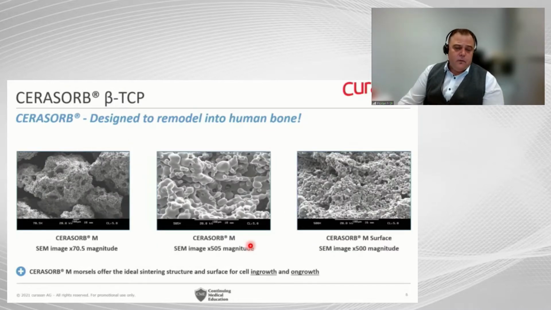And if you consider the sintering structure and the surface of the material, then it is clear why. The sintering structure and the surface of the material is really ideal for cell ingrowth and on-growth.